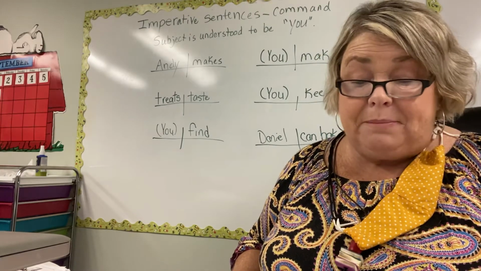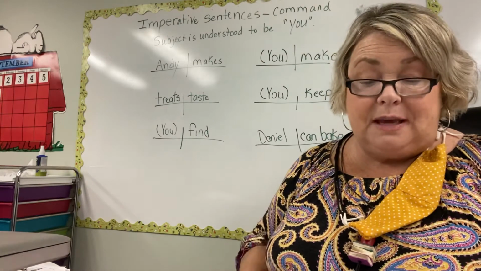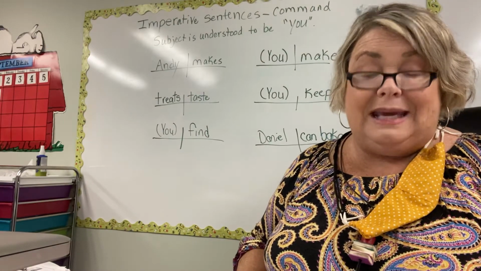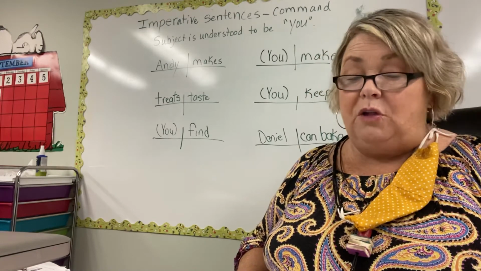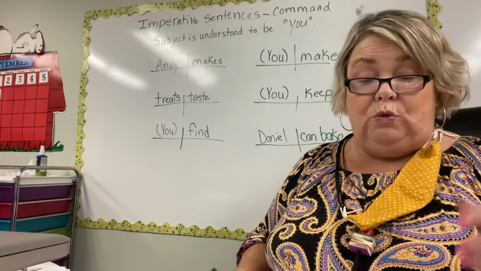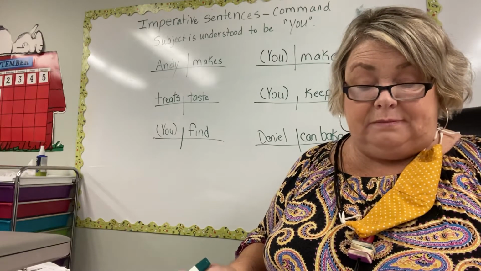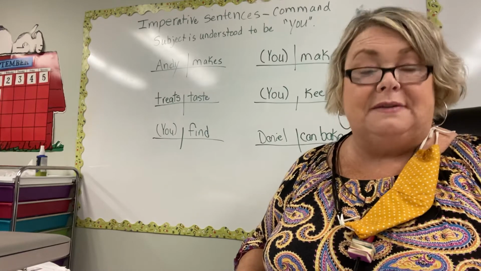The subject might not be you. In fact, in one of those, it's not you, but in the rest of them, it is. If the subject is understood to be you, then it is an imperative sentence. So all the ones where you write you in parentheses on the blank line, you will circle imperative. And if it's not that, then it could be one of the other kinds of sentences.